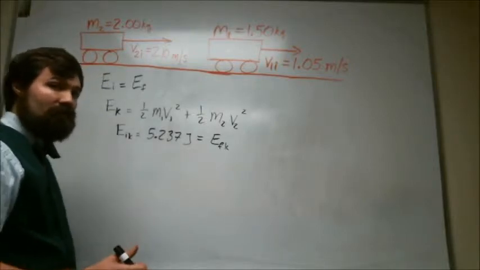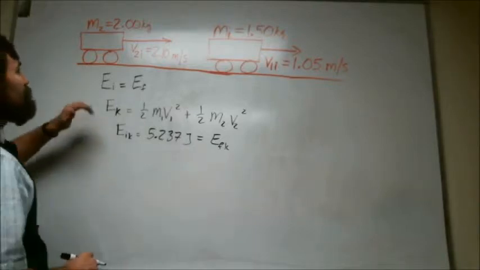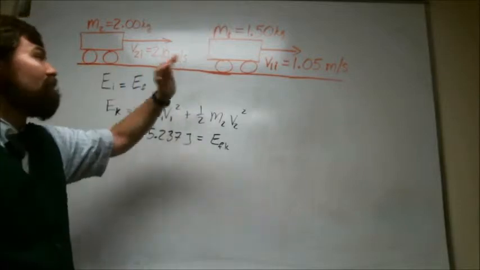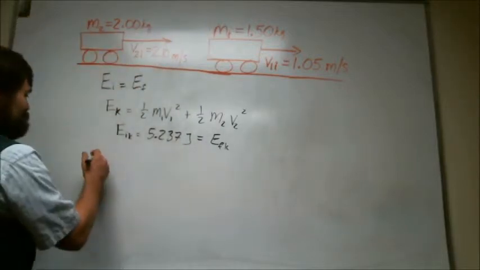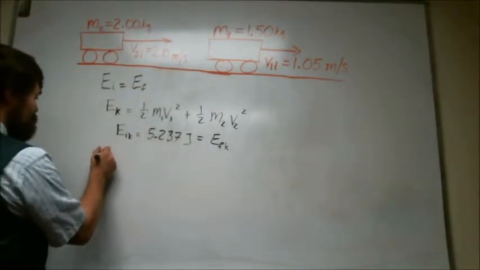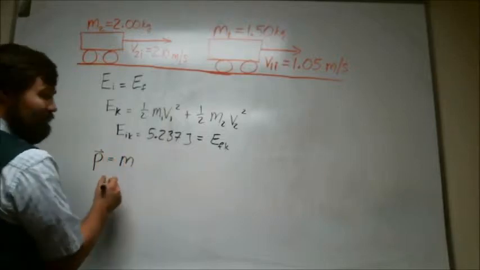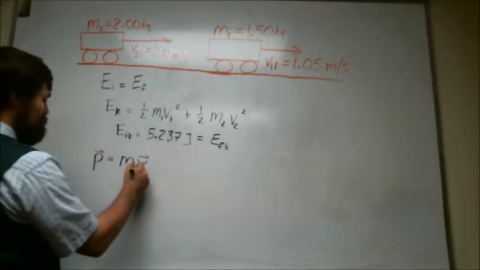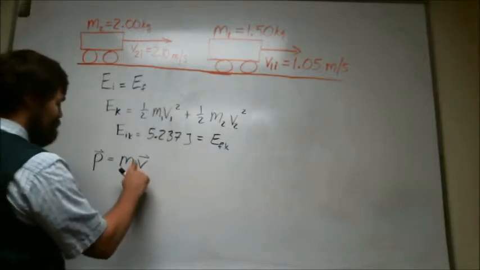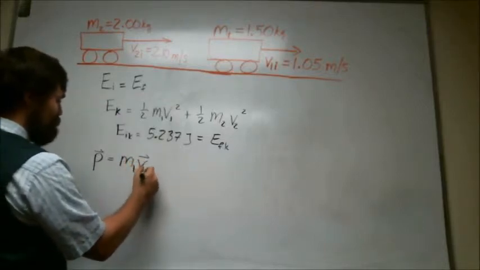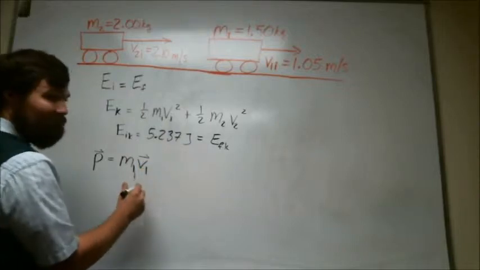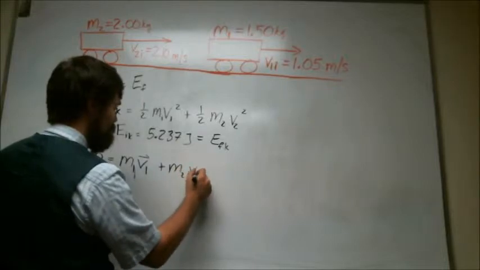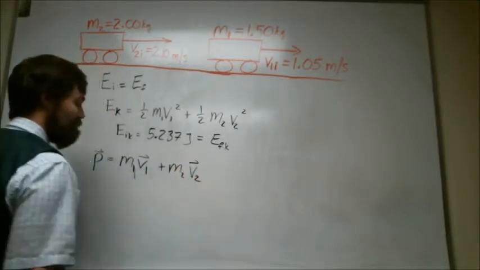I can also do the same thing with momentum, because I have the initial velocity, both magnitude and direction of both, and the initial masses. So recall that momentum is going to be mass times velocity. So in this case, I get mass of number 1 times the velocity of number 1 plus mass of number 2 times the velocity of cart number 2.